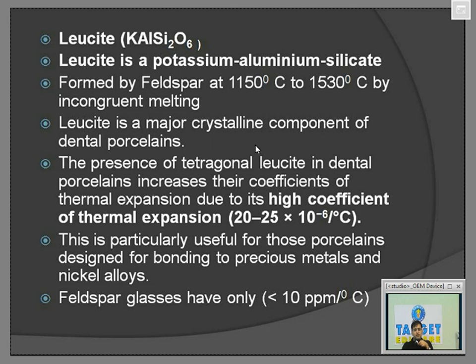The presence of tetragonal lucite in dental porcelains increases their coefficient of thermal expansion due to its high coefficient of thermal expansion. This is particularly useful for those porcelains designed for bonding to precious metals and nickel alloys. So lucite is potassium aluminum silicate.